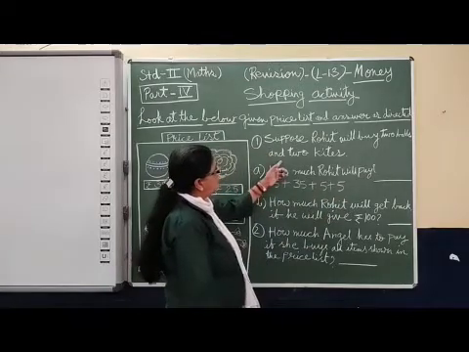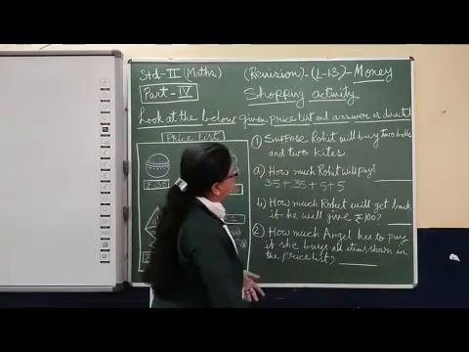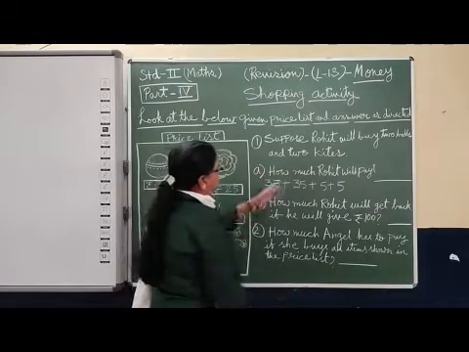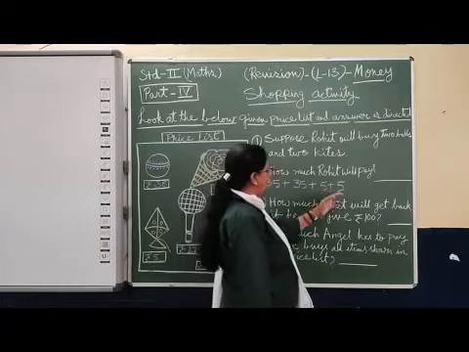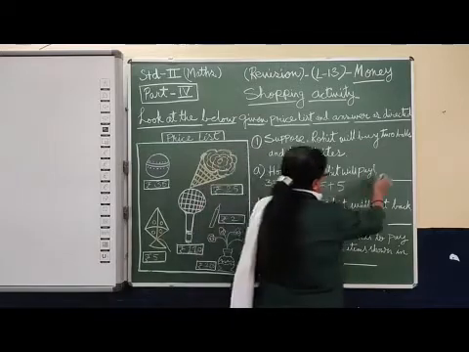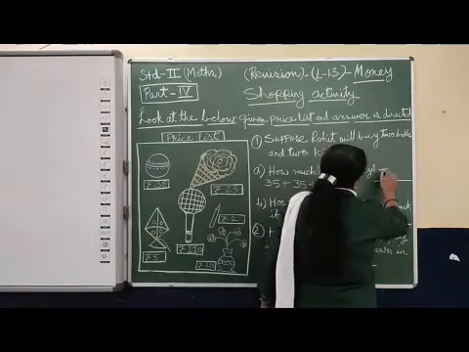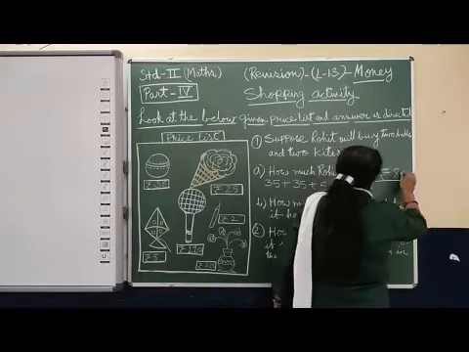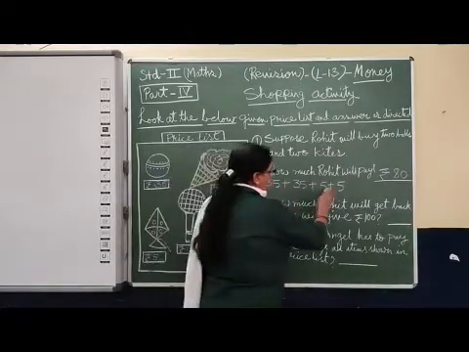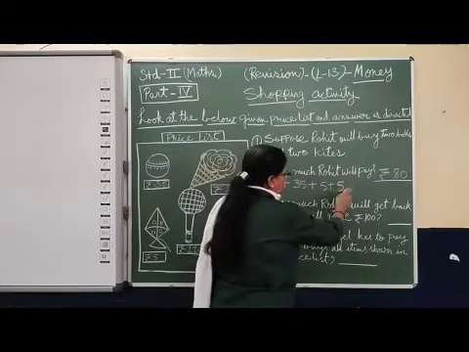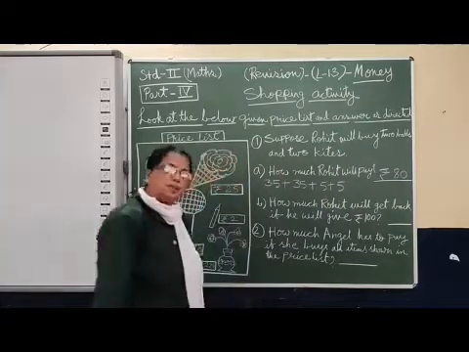So if Rohit will buy 2 balls and 2 kites, he has to give 80 rupees. So he will pay rupees 80. Isn't it? 35 plus 35, 70. 70 plus 5, 75. 75 plus 5, 80.